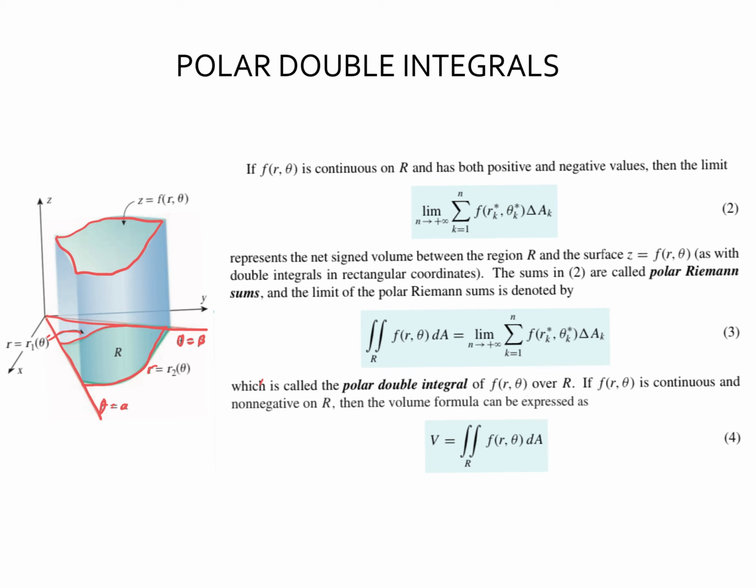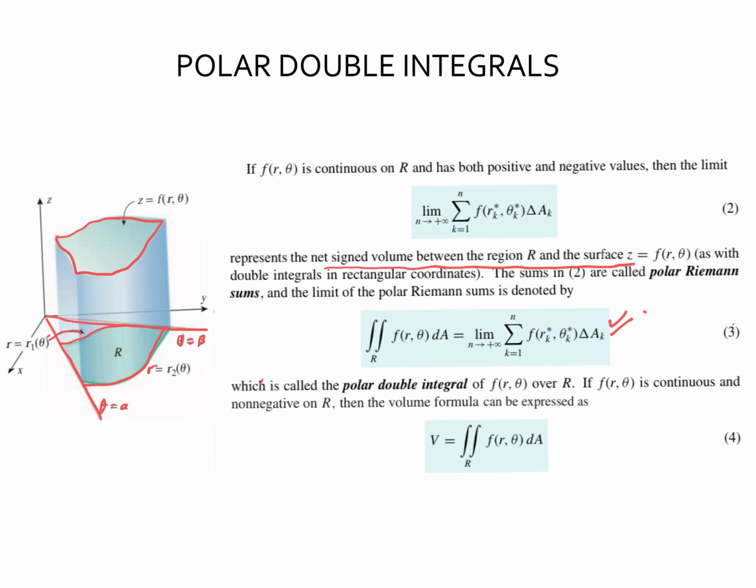So here it is stated that if the function Z of r, theta is continuous on R and it has both positive and negative values, then the limit represents the net signed volume between the region R and also the surface Z. So the double integral of Z over R can be denoted by the polar Riemann sums, which is this one.